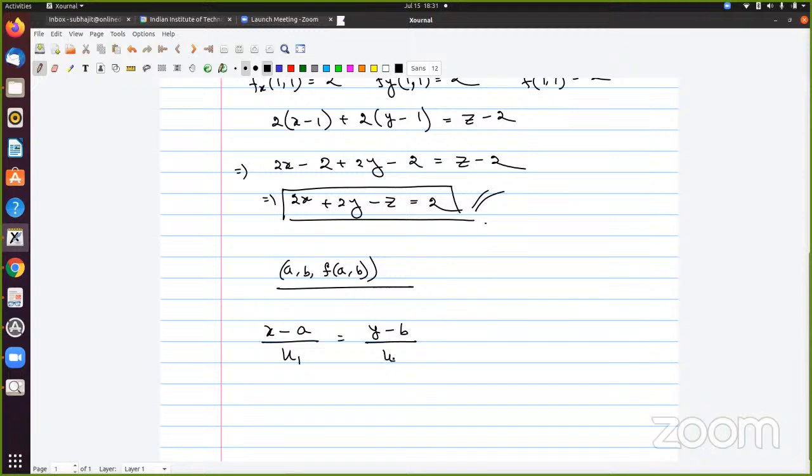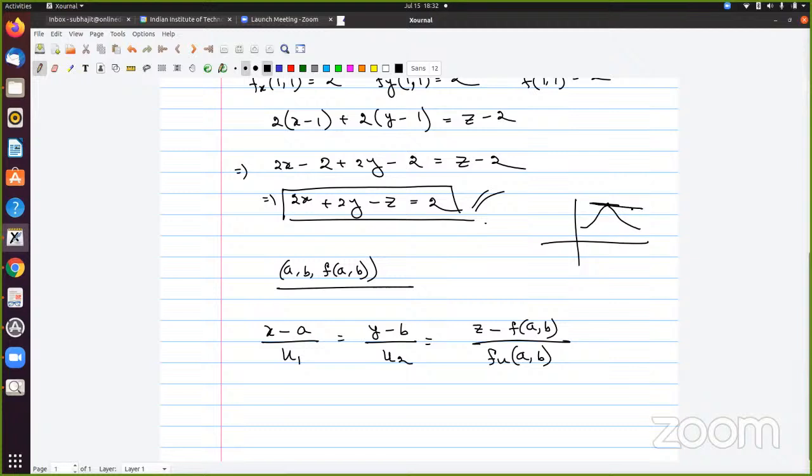So what should be the direction? It should be u2. Now for the z coordinate, it is nothing but the directional derivative of this function, basically the rate of change at that point along the direction that we need, right? Tangent, basically, when in one variable, what does tangent do? If we take a curve like this, at this point, what is the tangent?